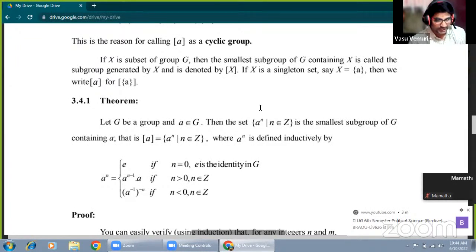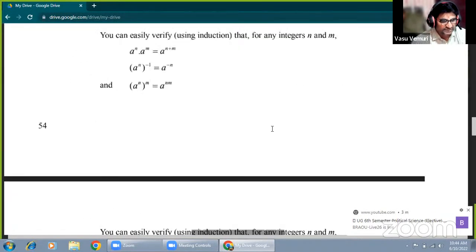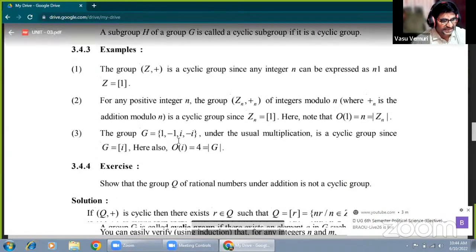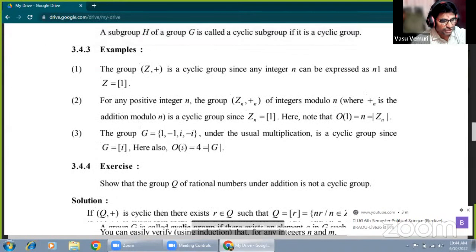Now the given imaginary fourth roots of unity is capital G equals 1, minus 1, i, minus i. Just you have to see here. Capital G equals 1, minus 1, i, minus i. Here G under multiplication is a group. Here one of the generators is small i.